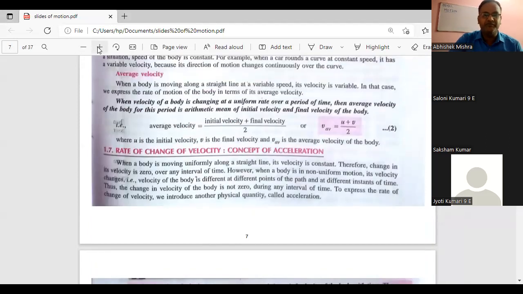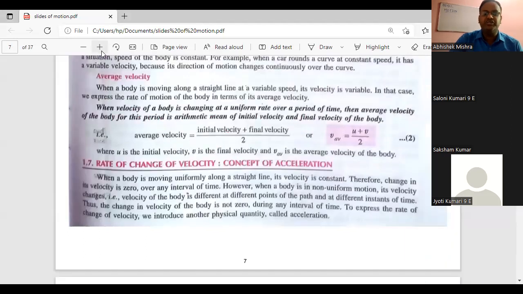Therefore, the change in velocity is zero over any interval of time. But when a body is in non-uniform motion, its velocity definitely changes. And to express the rate of change of velocity, we need a physical quantity which is called acceleration.